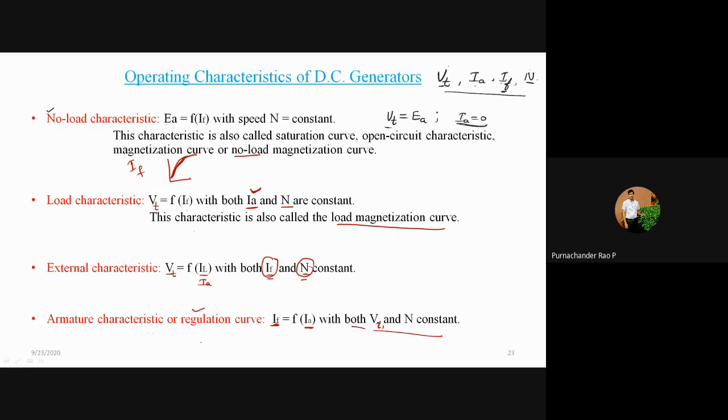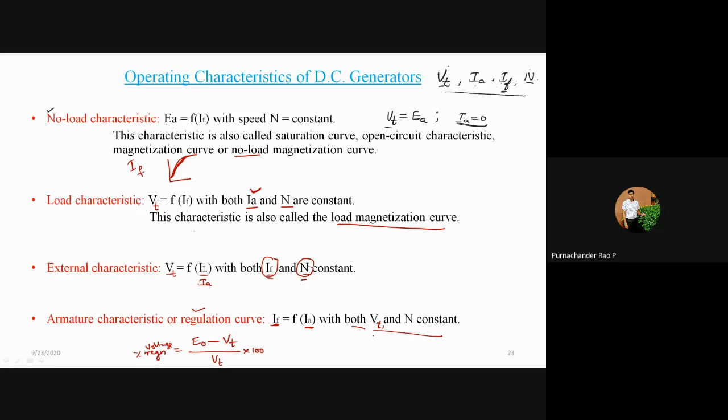Regulation means the change from the no load voltage to the full load terminal voltage, divided by VT. So this is normally called voltage regulation. It is in terms of percentage, and therefore it must be multiplied by 100. So this will give you the difference, how the voltage will change from the no load condition to the full load condition.